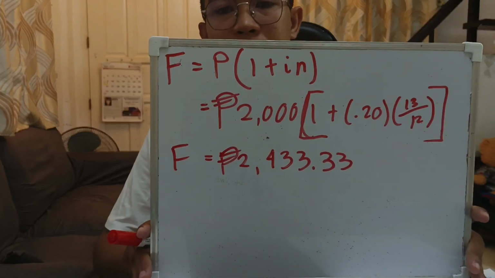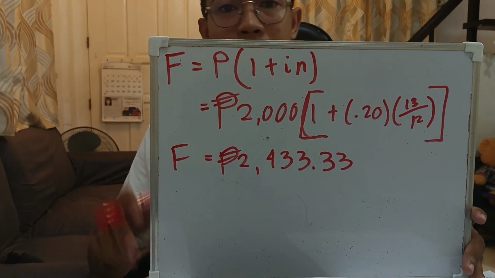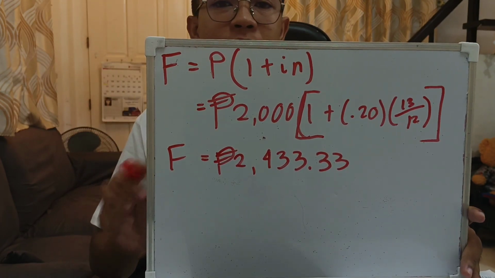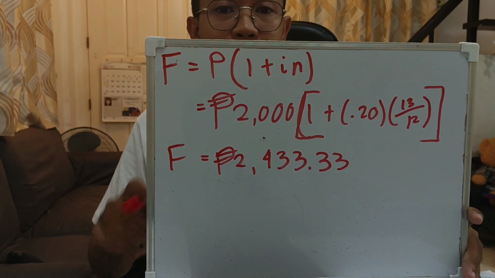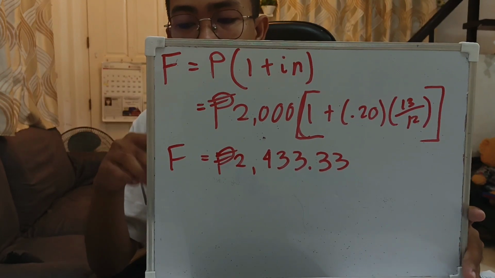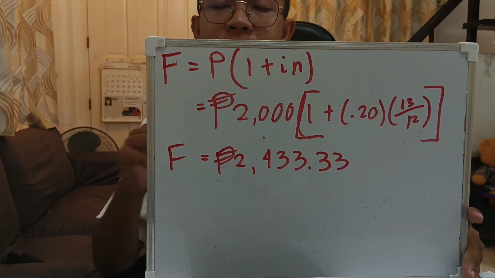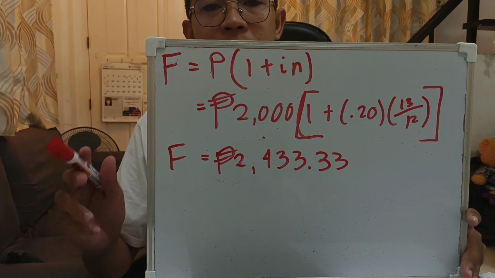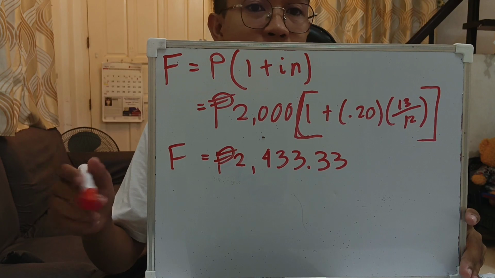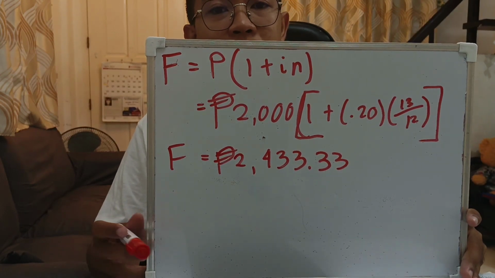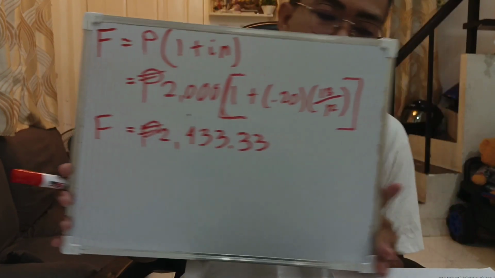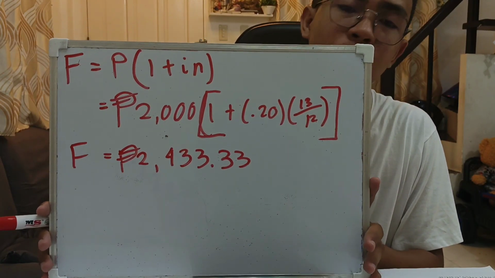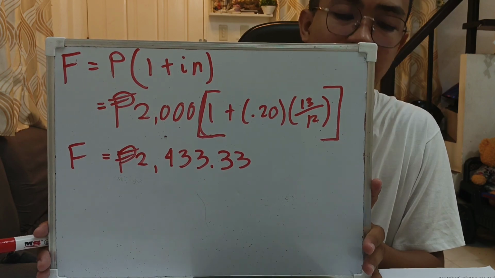Our principal is 2,000 based on the given, and our interest rate is 20%, which in decimal form is 0.20, times the number of interest periods, 13 months over 12 months, so 13 over 12. Substitute it into the formula and you will arrive at a future amount of 2,433.33.